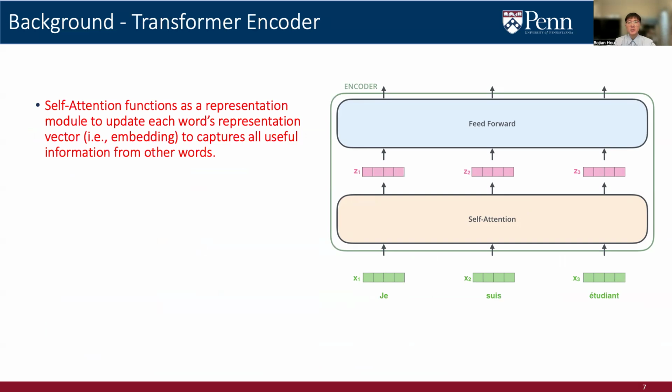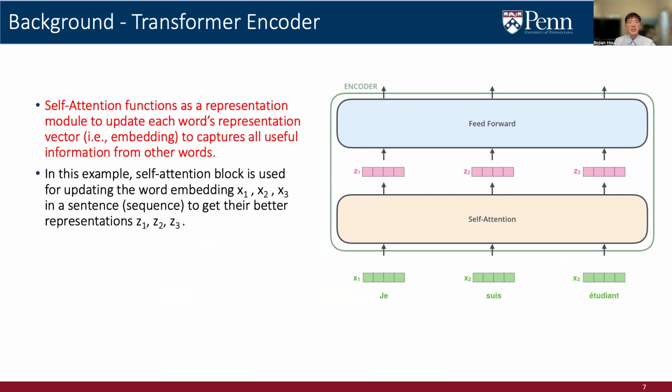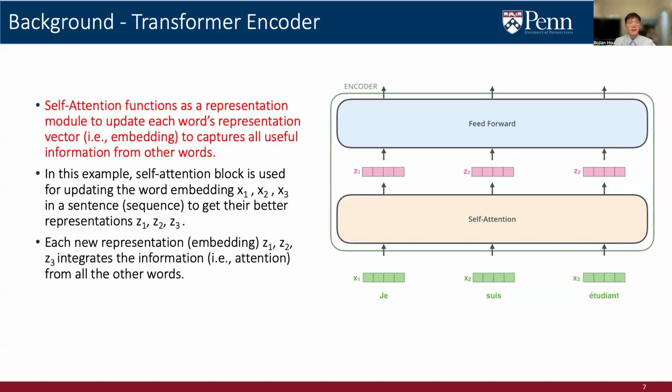In this encoder block, self-attention is used for updating the word embeddings x1, x2, x3 in a sequence or a sentence to get their better representations z1, z2, and z3. Each new representation or embedding z1, z2, z3 integrates the information or attention from all the other words.